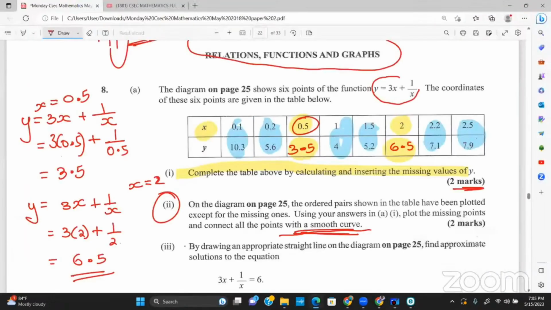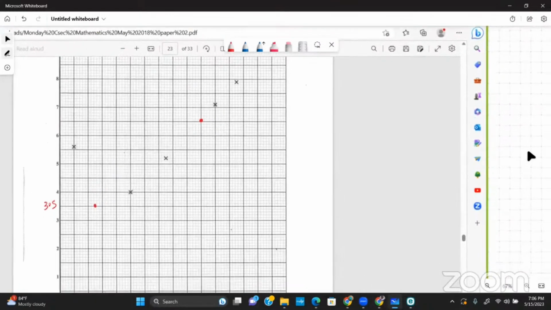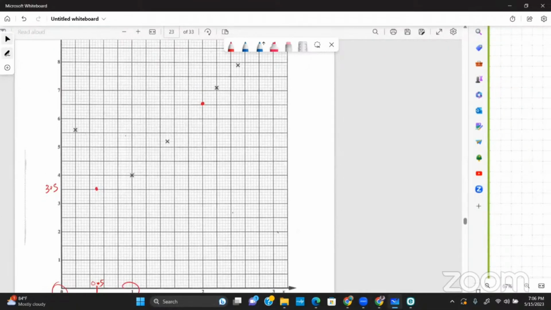Then plot the next point, 2 with 6.5. Follow your 2 line, here is 2 going up, and we're going up to 6.5. It's right here. Now, remember, we're not always going to have quadratics. It's not always about quadratics. So it's going to be coming from up here.